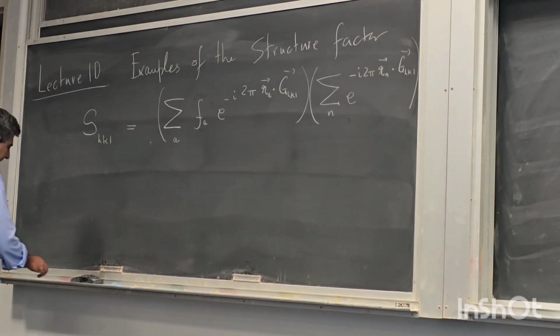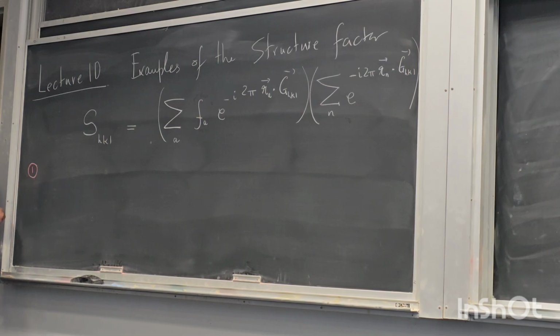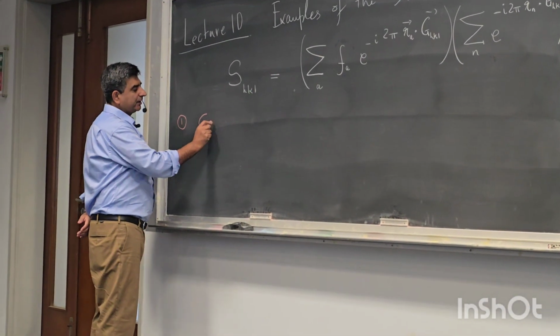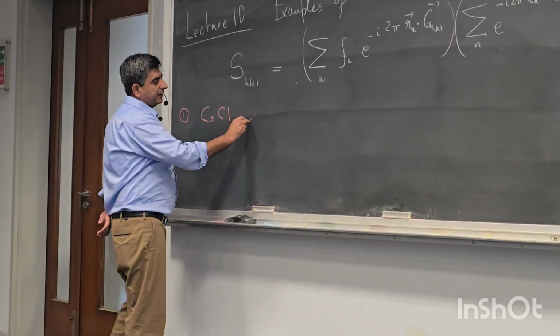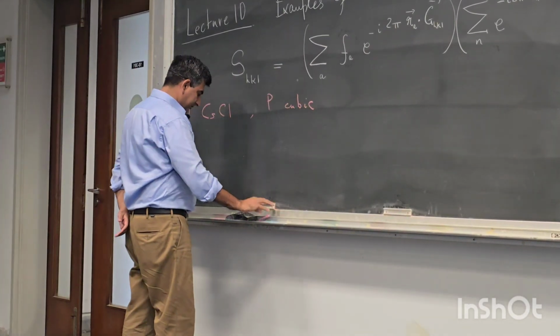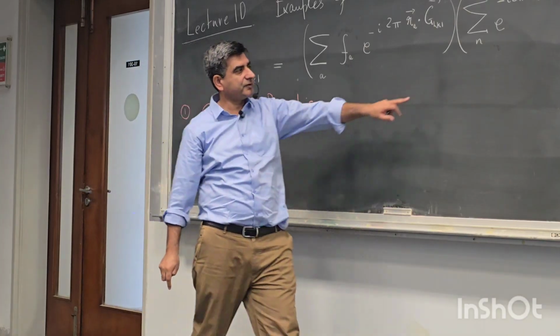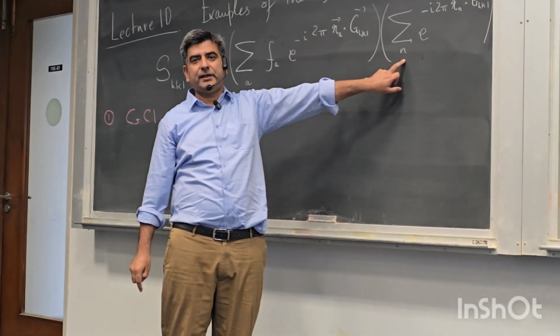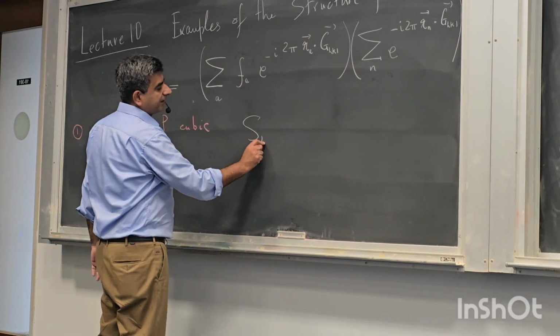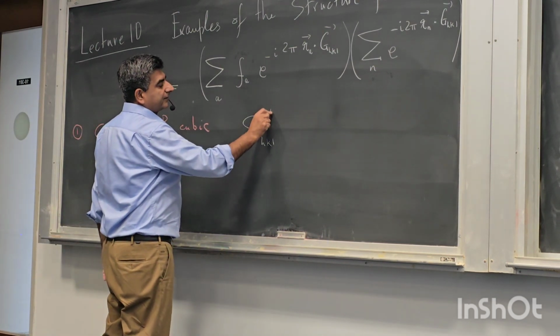First of all, let's take a very simple example of a primitive lattice. Let's say cesium chloride, which is primitive cubic. So what is this term, SHKL for the lattice?